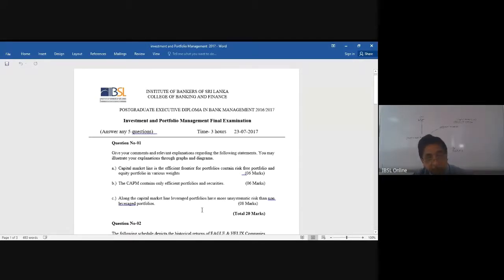Along the capital market line, leverage portfolios have more unsystematic risk than non-leverage portfolios. There's no such thing, because we are not talking about the unsystematic risk here. We have taken only the systematic risk, basically.